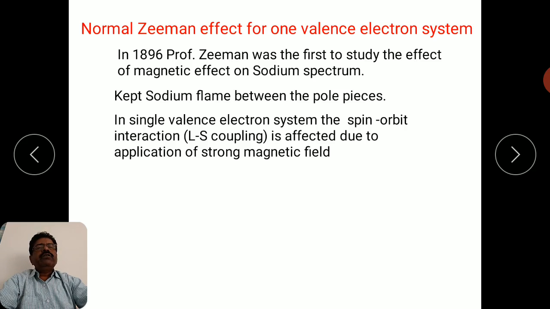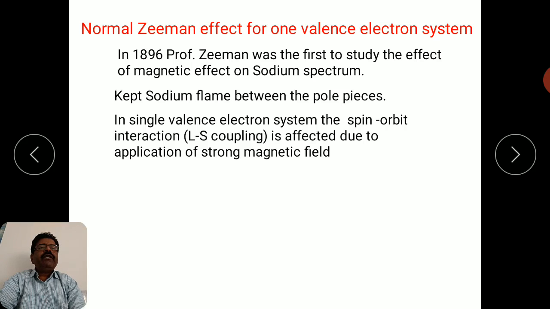While observing Zeeman effect, we are applying a strong magnetic field. So this strong magnetic field for a single valence electron system affects the spin orbit interaction, and therefore the spectra that we have understood for single valence electron system, as an example sodium spectra.